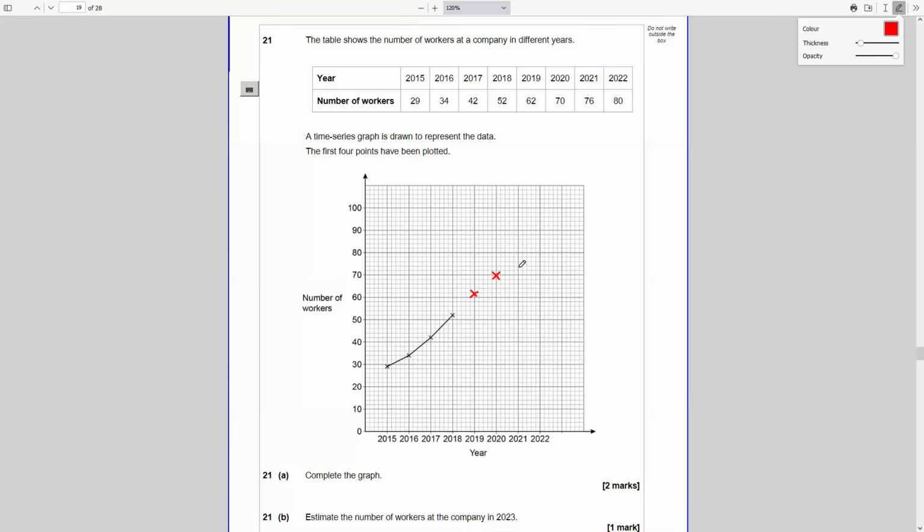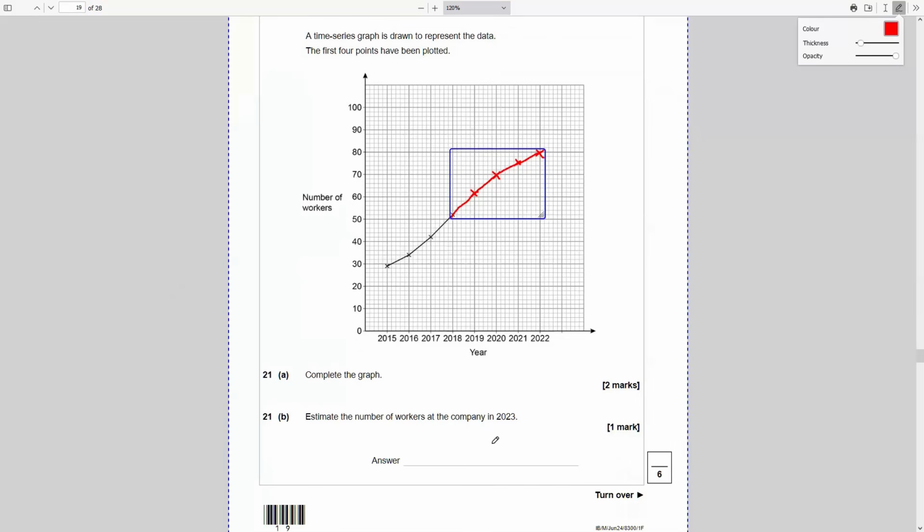So that's up 3 squares. And 2022 is 80. So usual stuff. And then we're going to do that.